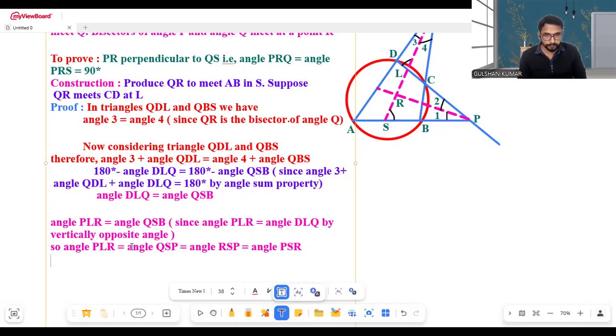That will be equal. All the angles are equal. So making it as equation first. So this one will be equation first.